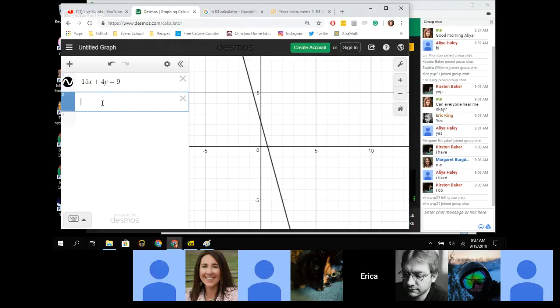And then I said my equivalent equation is y equals 9 divided by 4 minus 15 divided by 4 times x. You can see when you type in that equation, this one's on top, they're equivalent equations. They graph in the same way.